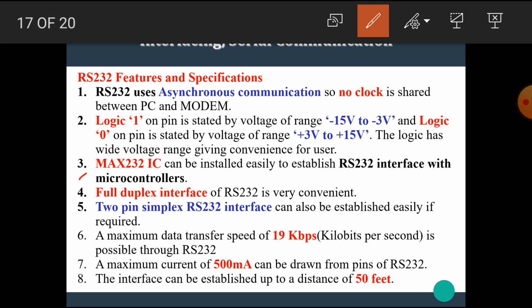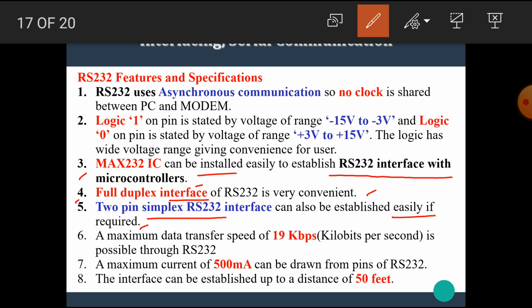The third feature is that the MAX232 IC can be installed easily to establish an RS232 interface with the microcontroller. Fourth, the full duplex interface of RS232 is very convenient, and a 2-pin simplex RS232 interface can also be established easily if required.